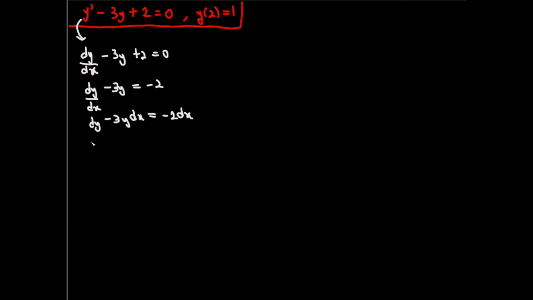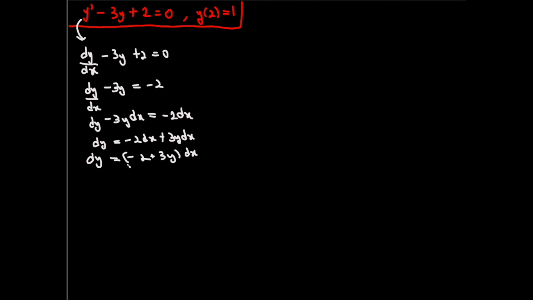Okay. Now it's going to be dy equals minus 2 dx plus 3y dx. Then I'm going to pull this dx term out, so we get dy equals minus 2 plus 3y times dx.